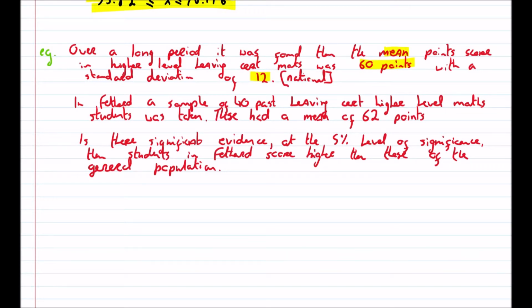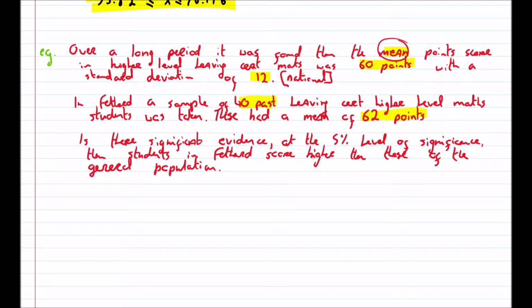In Feathered, however, a sample of 40 past leaving cert higher level maths students was taken, and these had a mean of 62 points, so higher. Is there significant evidence at the 5% level of significance that the students in Feathered score higher than those of the general population? So what are we comparing here?